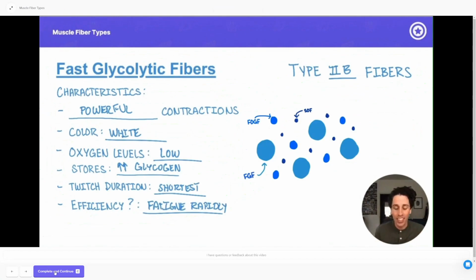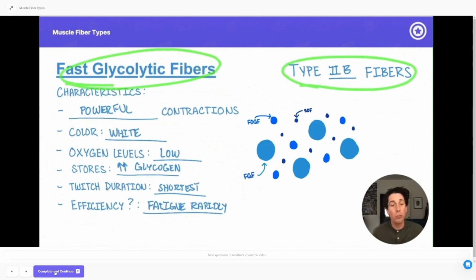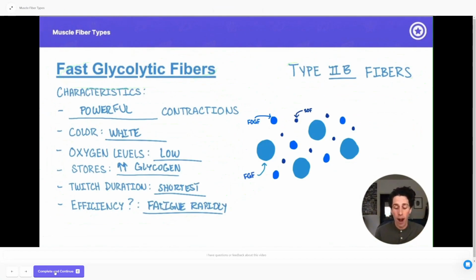All right, so let's go ahead and talk about these characteristics to make a nice little picture for us all. So we have these fast glycolytic fibers or these type 2B fibers. They're going to have very powerful contractions, and as you remember, this is going to be the fastest type of contraction as well. They're going to appear white in color because they don't have those vast capillary networks. They're not going to have a lot of myoglobin or a lot of mitochondria, so they're going to appear white. The oxygen levels are going to be low because we're not going to undergo aerobic respiration here. We're going to undergo anaerobic respiration to create ATP.